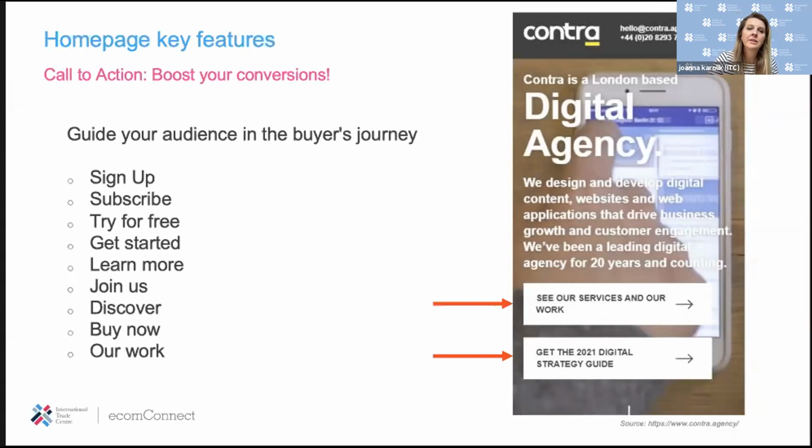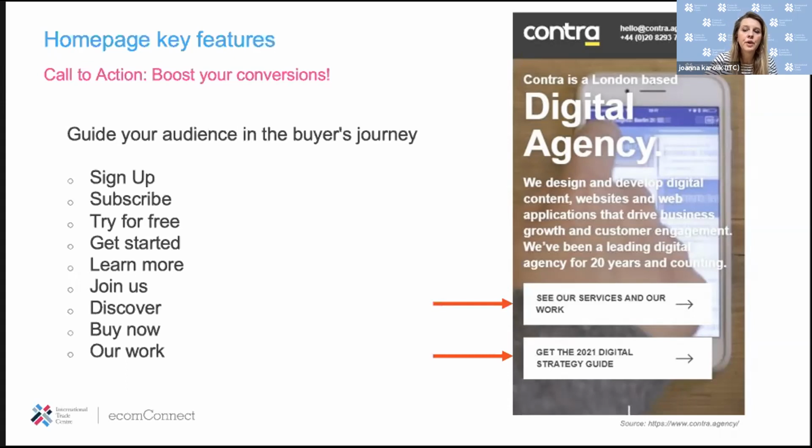Try to make the CTAs stand out and easy to find. Whether you use a colorful clickable button or a well-designed form, make sure that your call to action is easy to find. We want to see it. It needs to be clear.